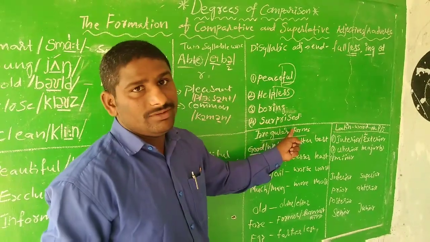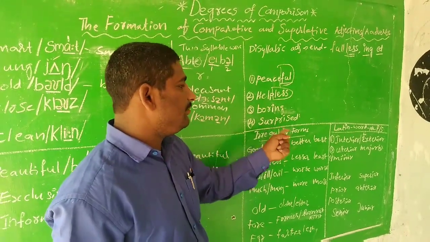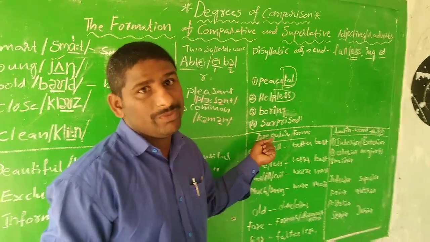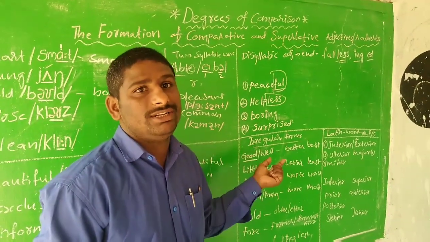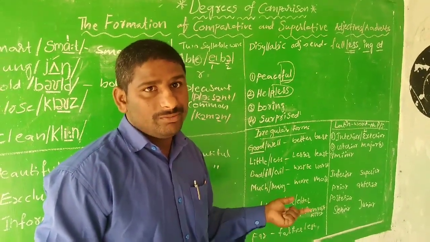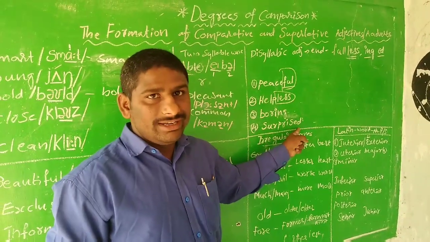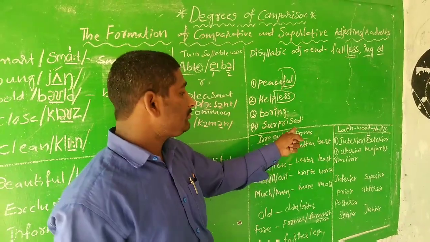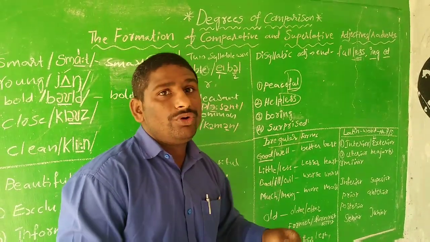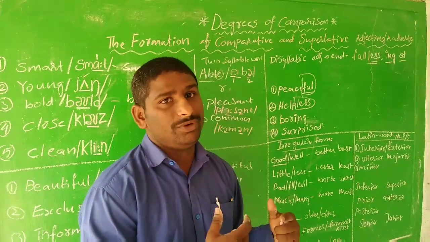And surprised, which is actually the past participle verb form. So the verb third form can also be used as an adjective, and this is surprised, ending with ed. So here also you can use more surprised and the most surprised.